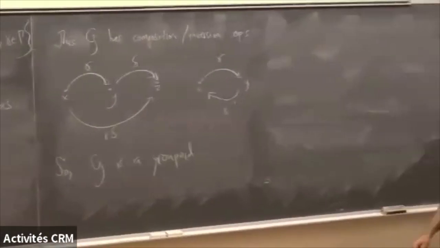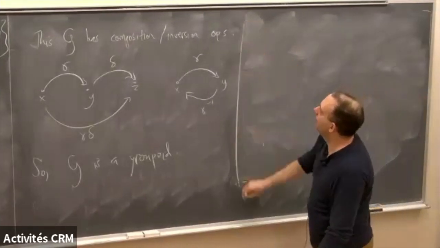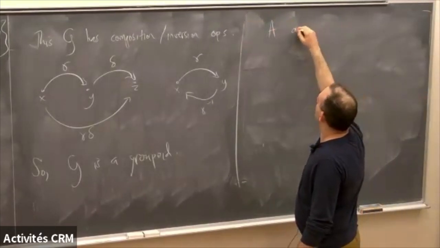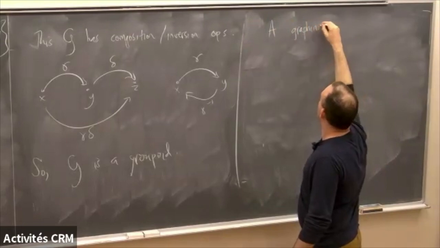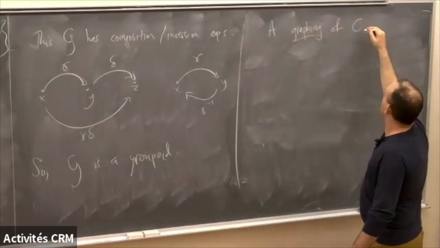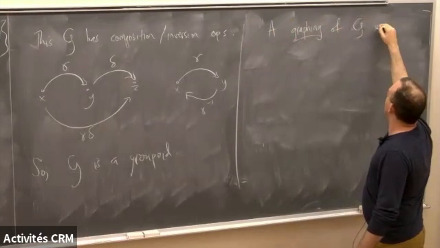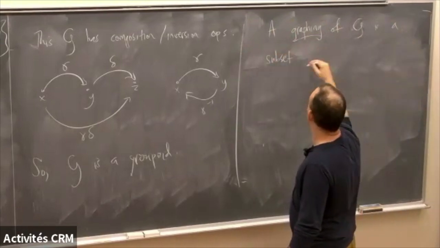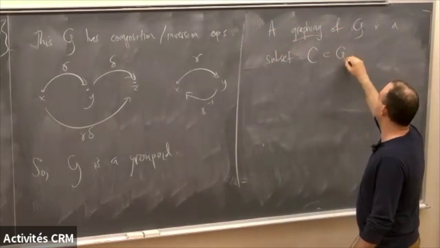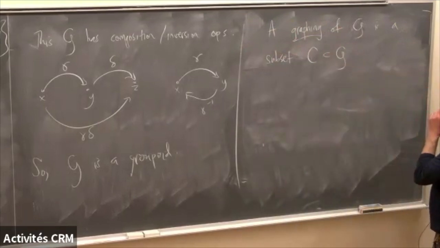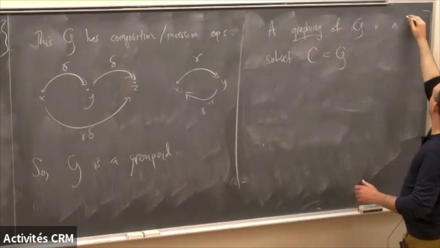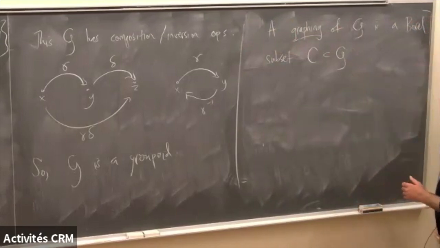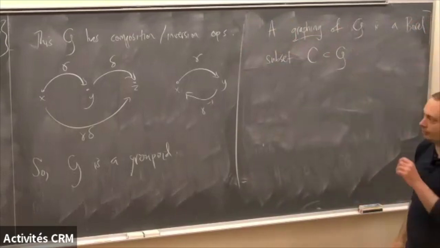So if I have this groupoid, a graphing of G is a subset, maybe I'll call it C, inside of G. It's a Borel subset.